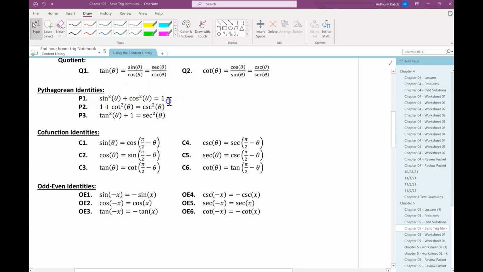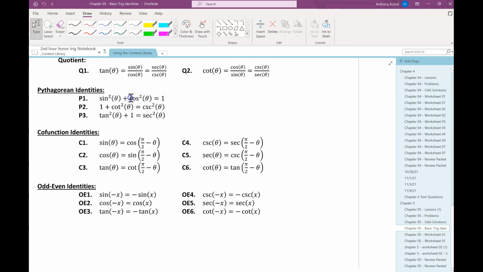The Pythagorean identities, if you think back to the unit circle, anytime you pick a point on the unit circle, on any circle centered at the origin, if you draw the x side and the y side, you're making a right triangle whose hypotenuse is the radius for your circle, right? So in any circle centered at the origin, x squared plus y squared is equal to r squared, where r is the radius for your circle.